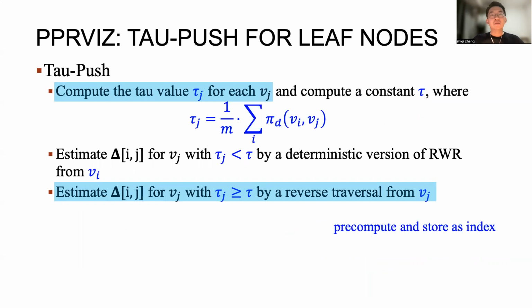After that, a deterministic version of RWR is invoked from each child Vi to estimate PDist for other small tau children. At last, a reverse graph traversal is conducted from the large tau children Vj to estimate PDist for all other children. Furthermore, the first step and the third step are pre-computed and stored at the index.